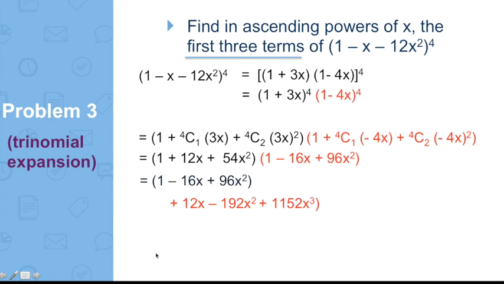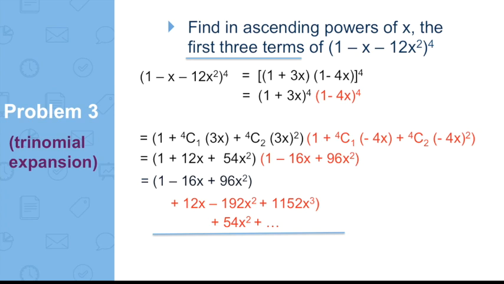So imagine if we're going to add this vertically, we can already get the first three terms starting from here, and then we can stop here. Okay, so that means we don't need anything beyond the x cubed term, right?